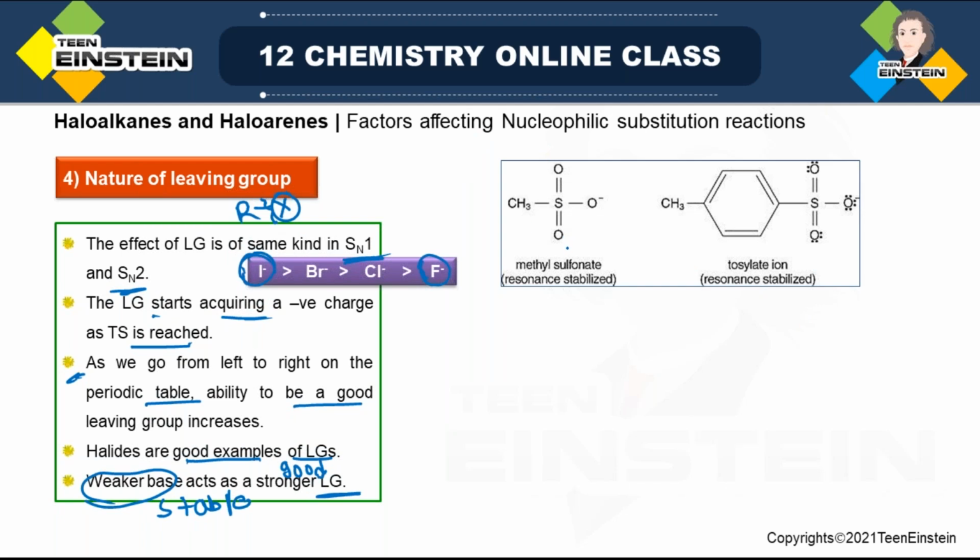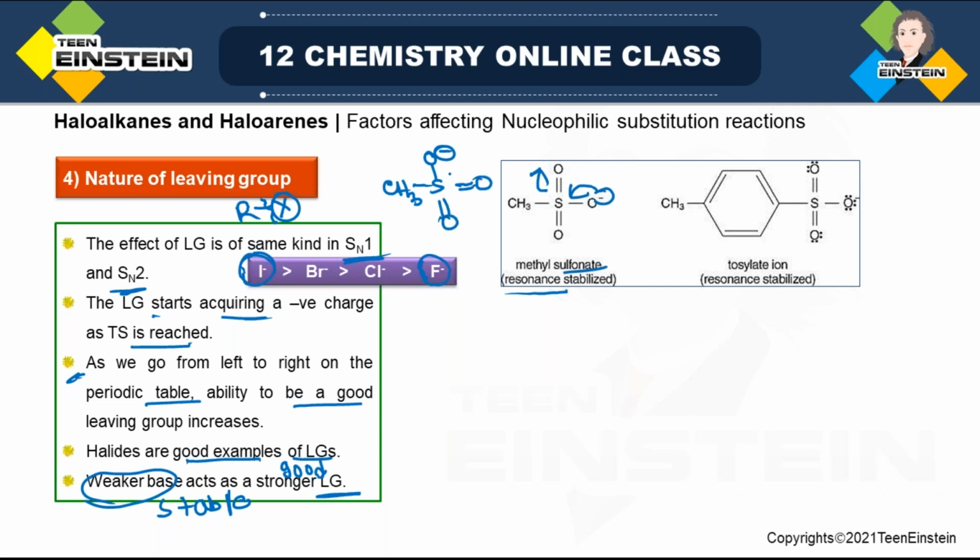CH3SO3 minus. Here it is known as methyl sulfonate, and it is very, very stable because resonance stabilization is there. What kind of resonance? See the negative charge, it can take part in resonance with the double bonds. Now you are getting another equivalent resonance structure like this. It is equivalent, isn't it?